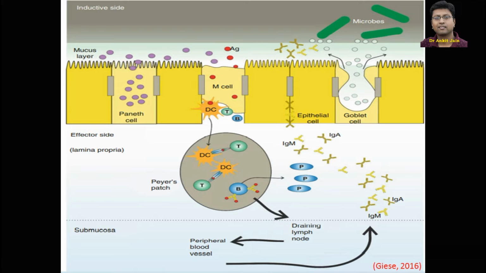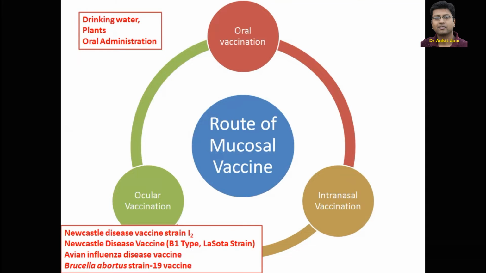This is not our last goal, to achieve immunity like the innate immunity. We have to produce acquired immunity also, so it is very essential not to produce only IgA but also IgG.